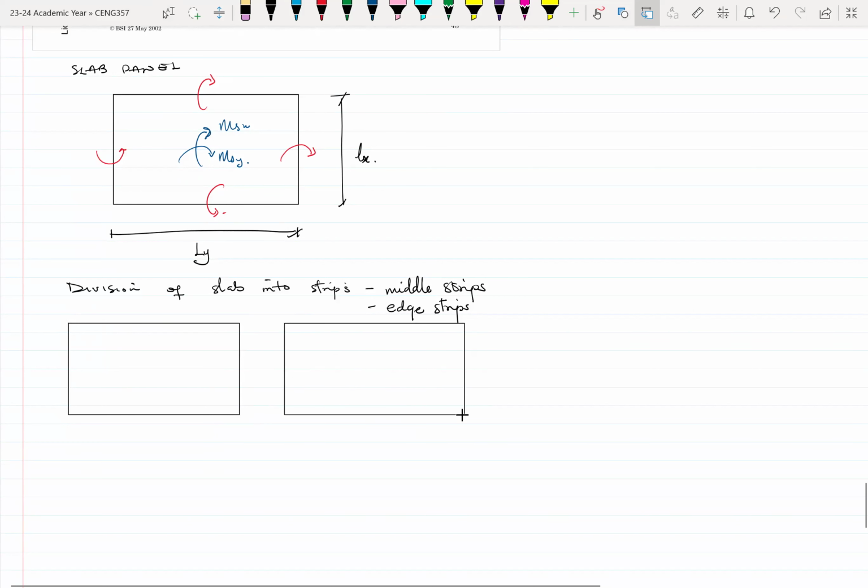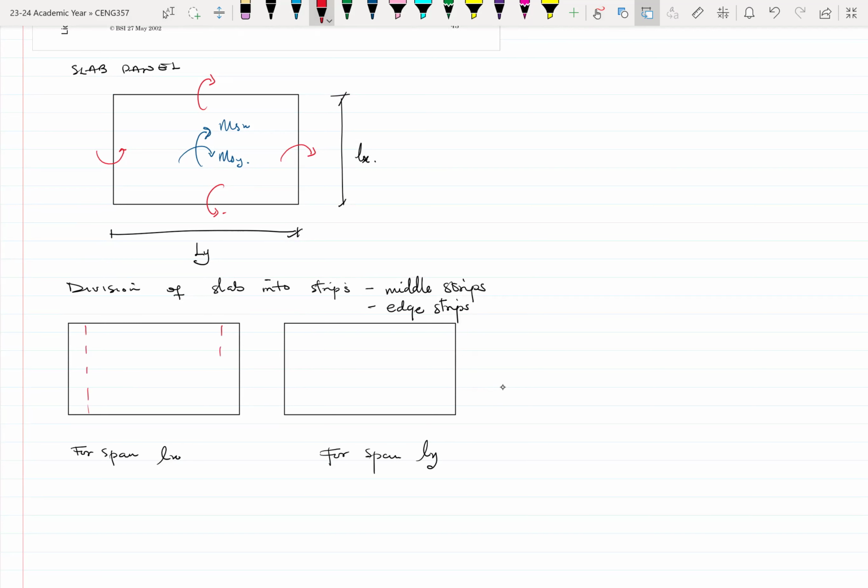If you are dealing with span Lx, let me put this right here, this is for span Lx, this is for span Ly. These are the strips. We have the edge strip, and then we have the middle strip.